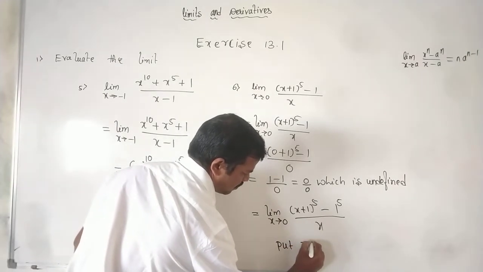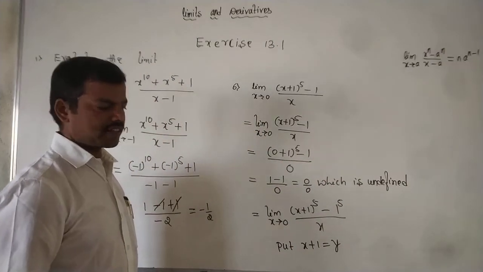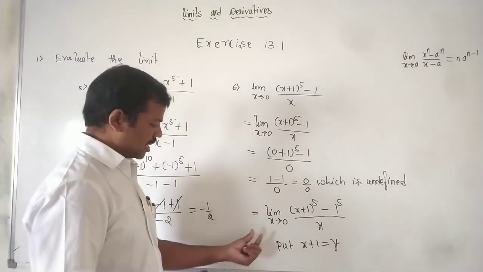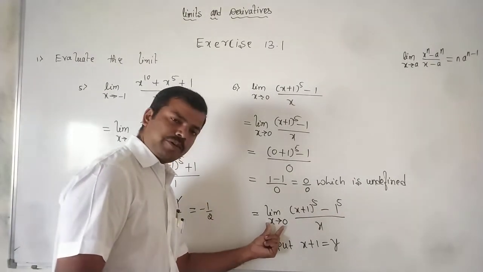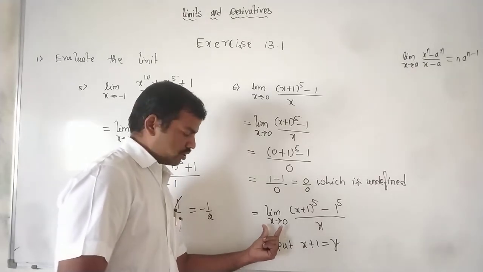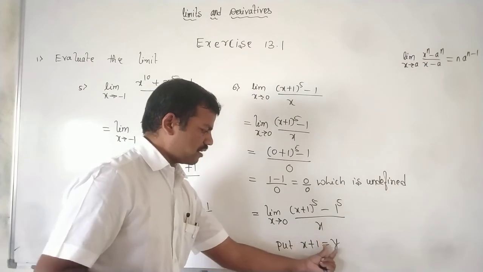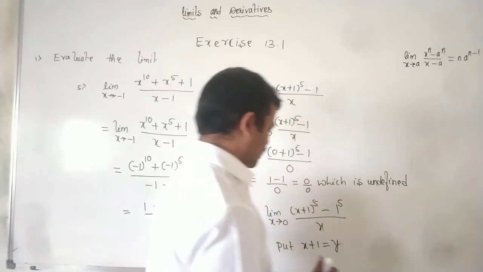Put x plus 1 is equal to y. We will substitute. After substituting, we have to change the limit. ಏನ ವೇರಿಯೇಬಲ್ ಚೇಂಜ್ ಮಾಡಿದ್ರಿ ಅಂದ್ರೆ ಆ ಲಿಮಿಟ್ ಚೇಂಜ್ ಮಾಡಬೇಕ್ರಿ. ಹೌದ್ರಿ, ಲಕ್ಷ್ಯ ಇಟ್ಕೋರಿ. ವೇರಿಯೇಬಲ್ ಚೇಂಜ್ x plus 1 ಐತಿ, ಅದನ್ನ y ಅಂತ ಮಾಡಿದ್ರಿ, ಅವಾಗ ಅದರ ಲಿಮಿಟ್ ನು ಚೇಂಜ್ ಮಾಡಬೇಕ್ರಿ.